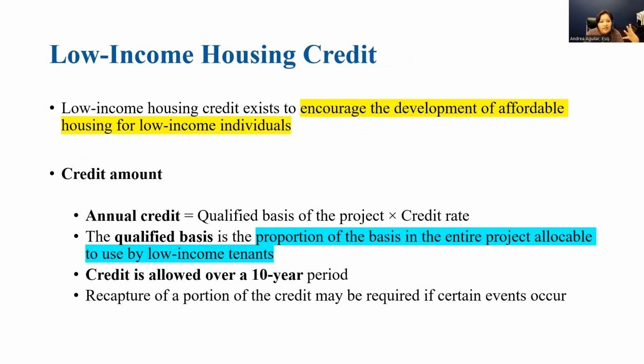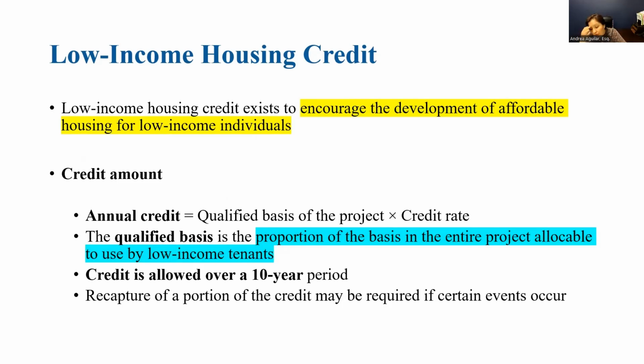Now, let's talk about a different type of credit, the low-income housing credit. The low-income housing credit exists to encourage the development of affordable housing for low-income individuals. What is the amount of the credit? Qualified basis of the project times a credit rate. The qualified basis will be a proportion of the basis in the entire project allocable to use by low-income tenants.